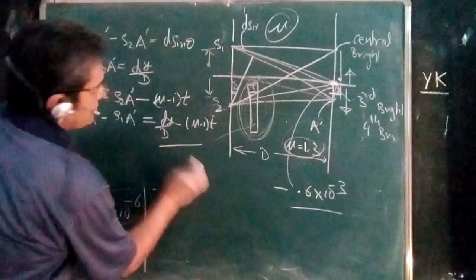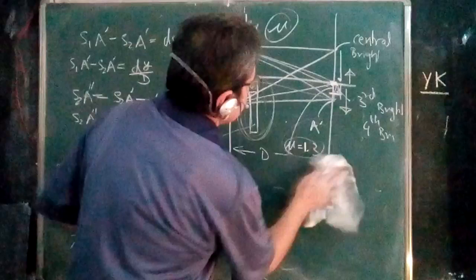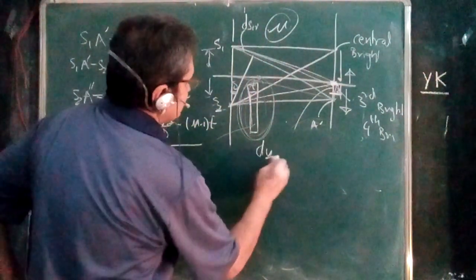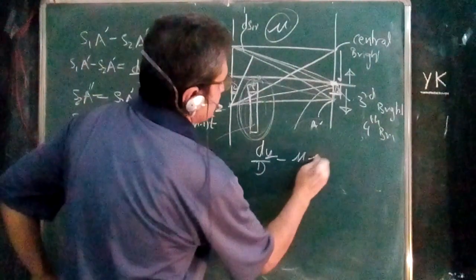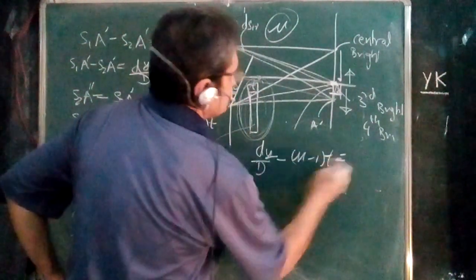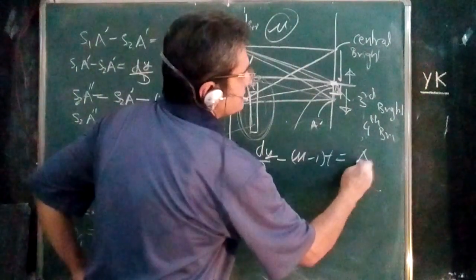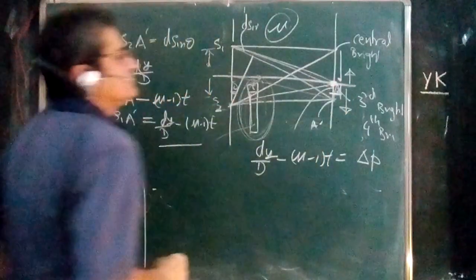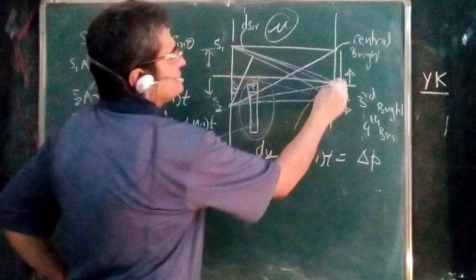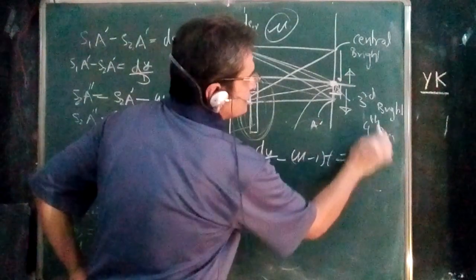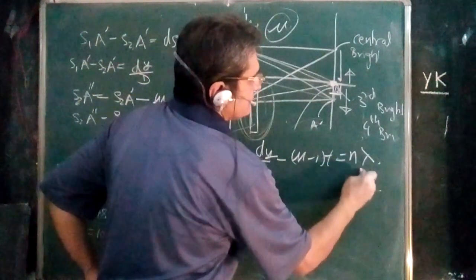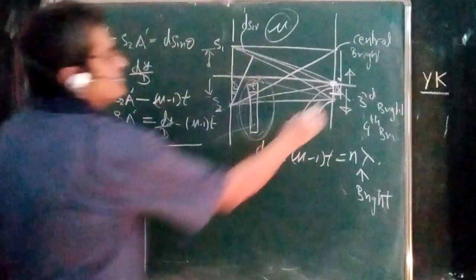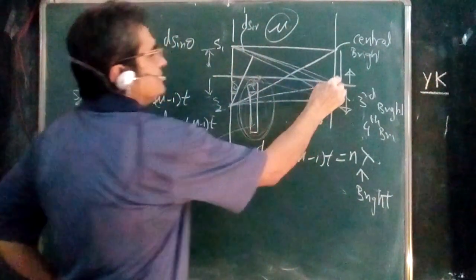So the path difference is dy upon D minus mu minus 1 into t. We know that the third fringe is coming at y is equal to 0, and this has to be n lambda for a bright fringe. We are told that at the center y is equal to 0.